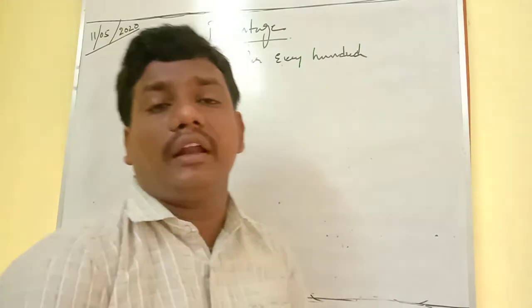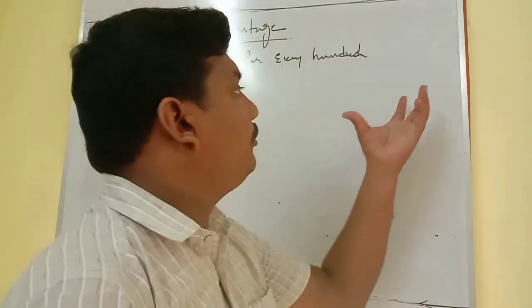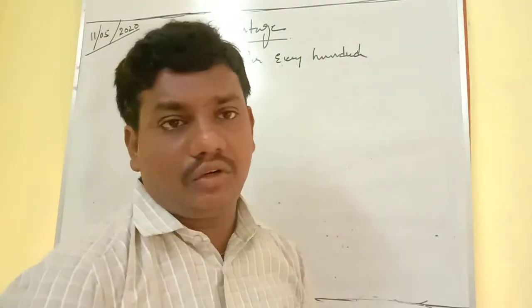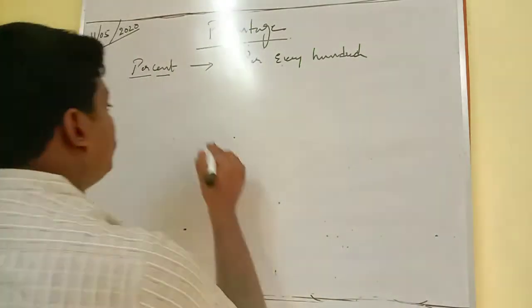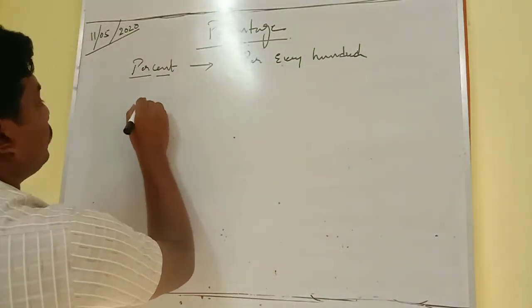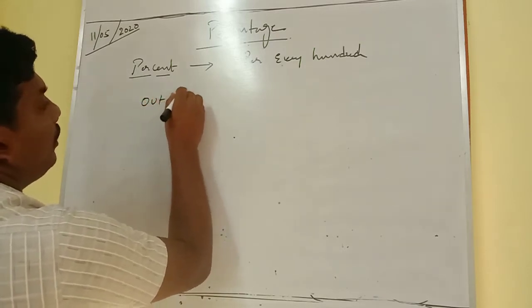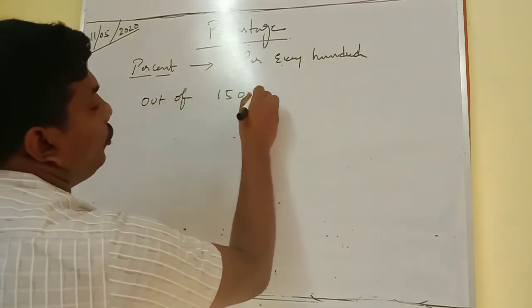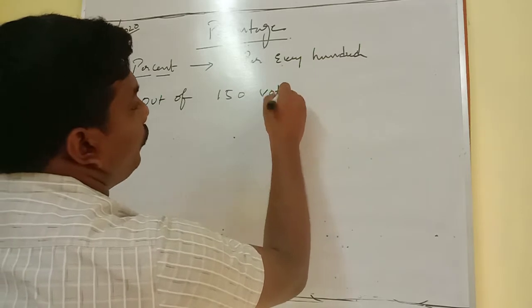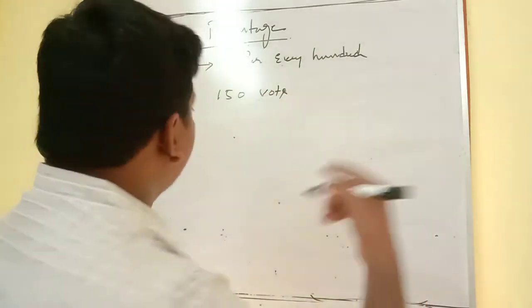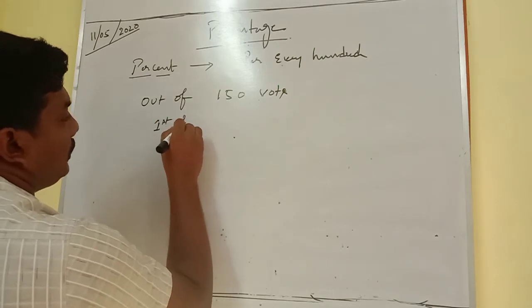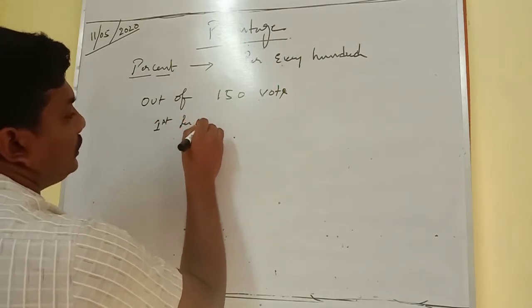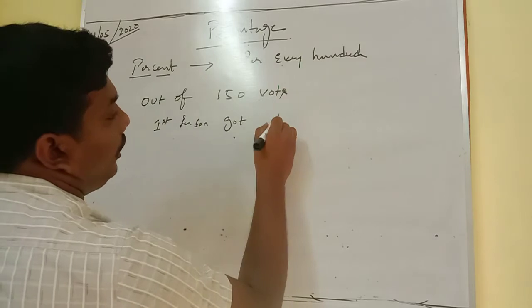Now we are going to calculate any fraction into percentage. How to calculate? We are going to consider an example. Suppose out of 150 votes, the first person got 100 votes.